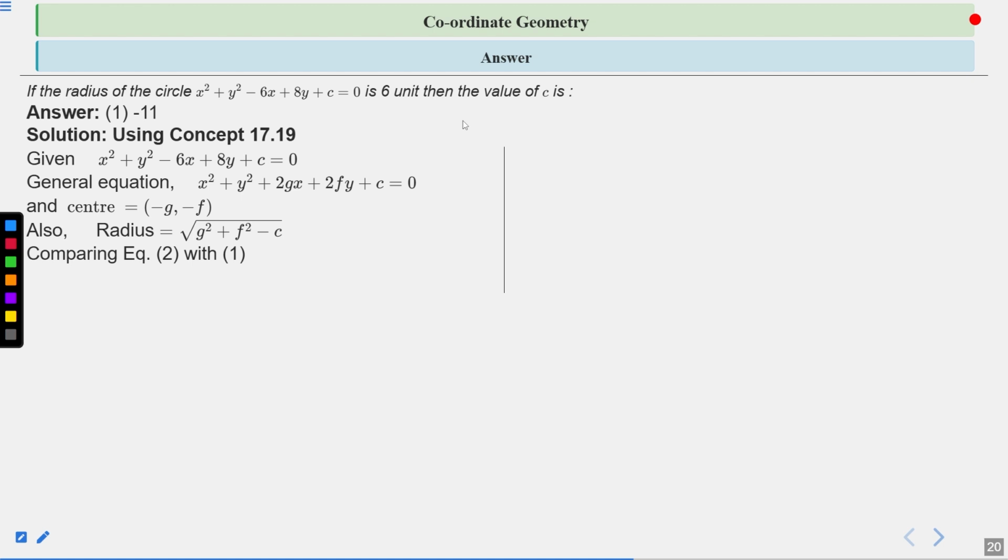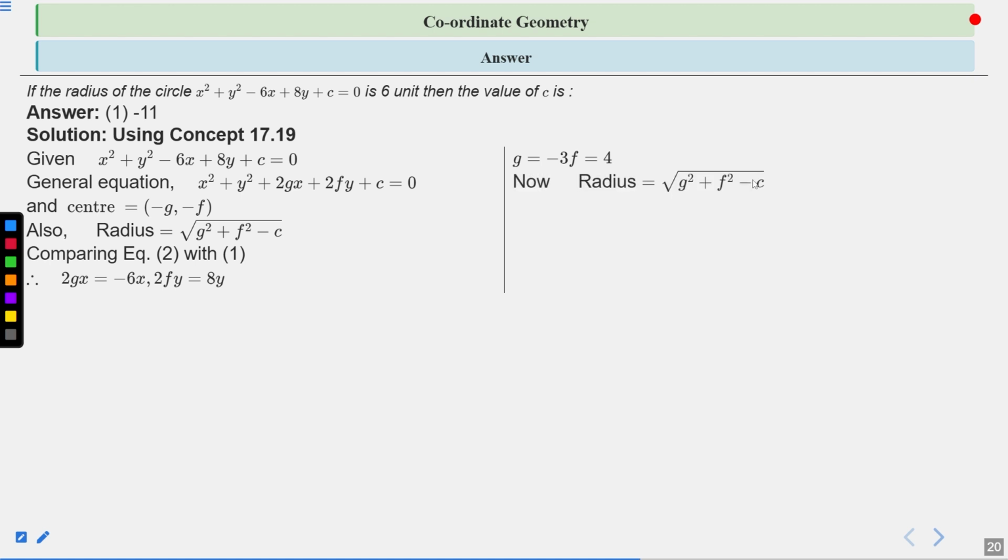Now comparing equation 2 with 1, we can say that 2gx equals to minus 6x and 2fy equals to 8y, so g equals to minus 3 and f equals to 4.